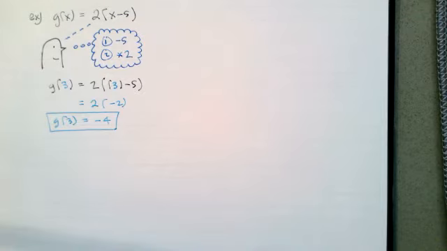On the other hand, notice that we have 2 times (x minus 5). We have multiplication and subtraction, and there's parentheses. We also know that multiplication distributes over addition, so we could rewrite our function using that.